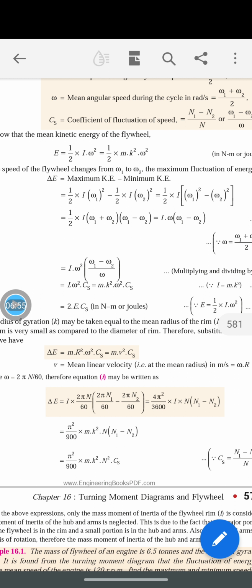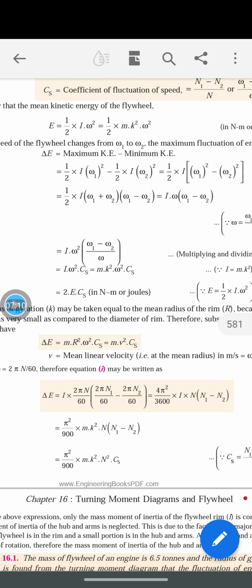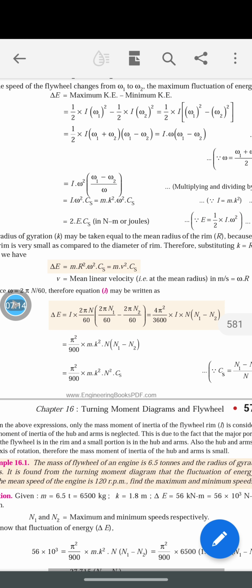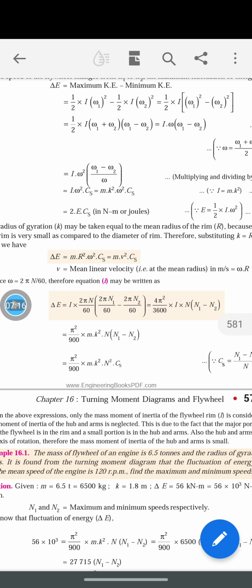So replacing that we get I omega square Cs. I is mk square, so in place of I you substitute mk square. So it will be mk square omega square Cs, or 2 E Cs. Please remember all these formulas.